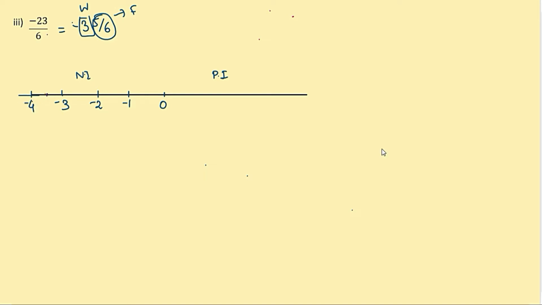Okay, now from minus 3 you are dividing it into 6 equal parts, since 6 is there in the denominator. So we will divide it into 6 equal parts, that is 1, 2, 3, 4, 5 and 6. Okay, so let's write 0, B, this is C. Okay, so 6 parts you are dividing.